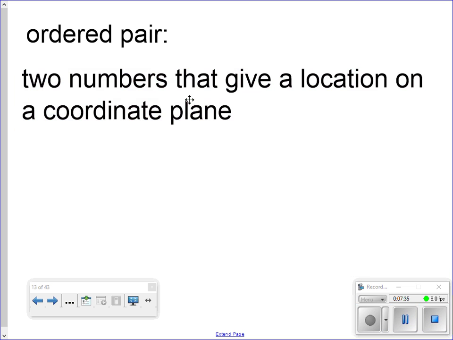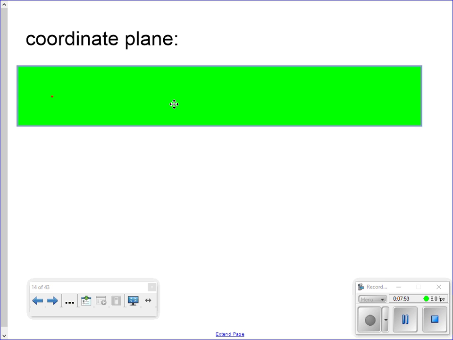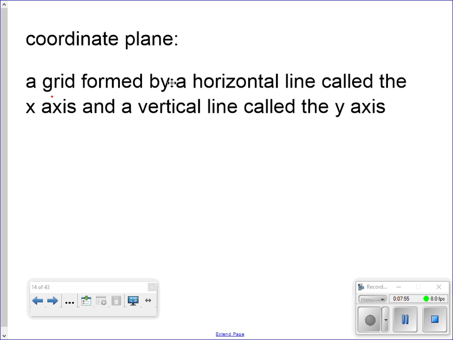So a little review, an ordered pair is two numbers that give a location on a coordinate plane, and they are always written in parentheses. So for example, (5, 3) is an ordered pair, or (1, 2) is an ordered pair. These are going to be put on a coordinate plane. A coordinate plane is a grid, which is why you grabbed grid paper, formed by a horizontal line across called the x-axis and the vertical line up and down called the y-axis.